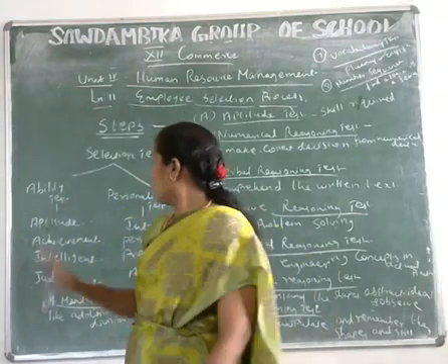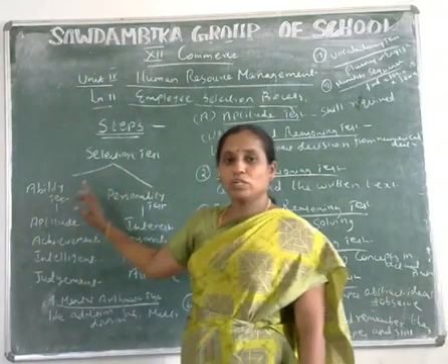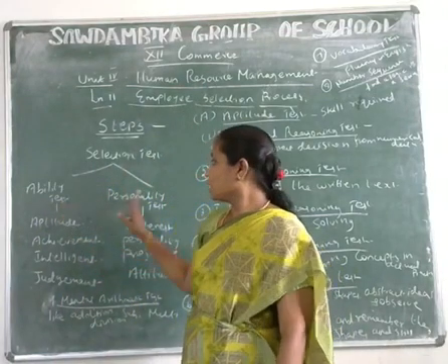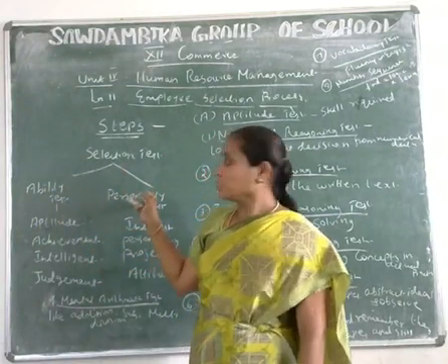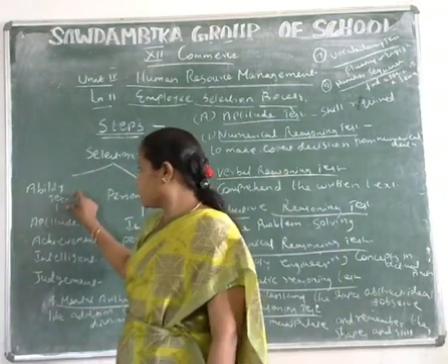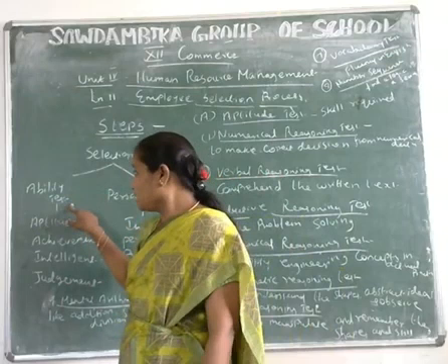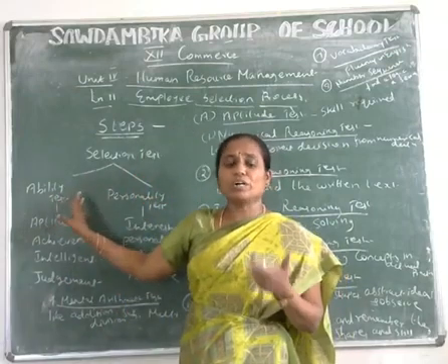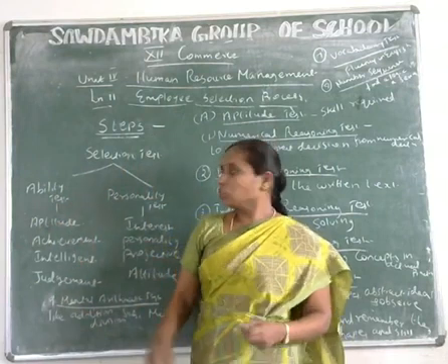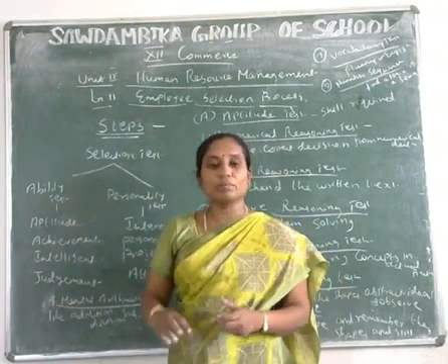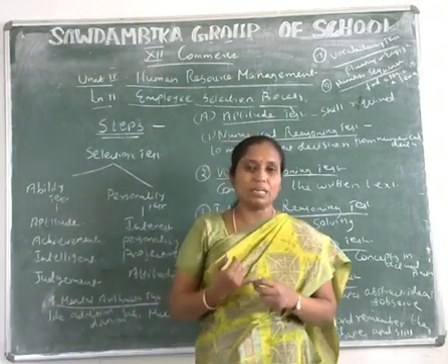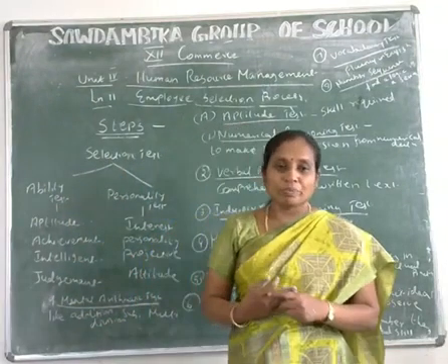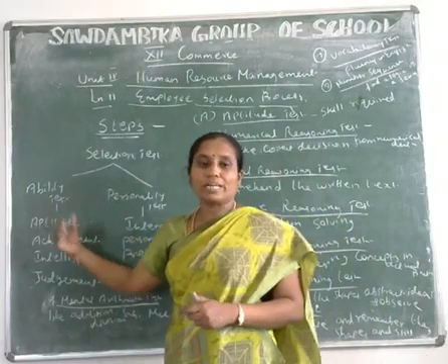So what are the kinds of selection test? You have two kinds of selection test. One is the ability test, another one is the personality test. So what is meant by ability test? Ability test means measuring the candidates' cognitive functions in a particular field, such as skill, problem solving, knowledge in the particular area, and the intelligence of the candidates.